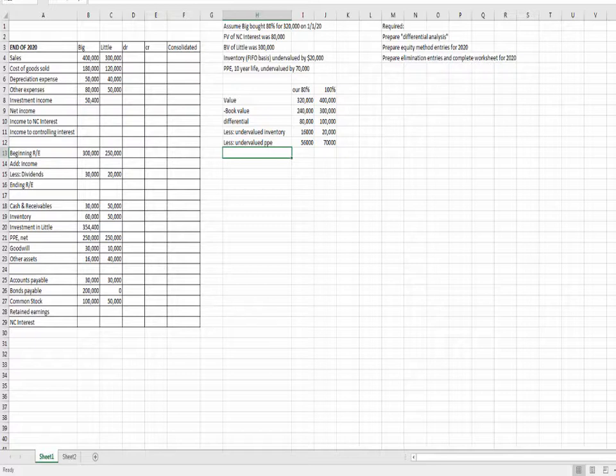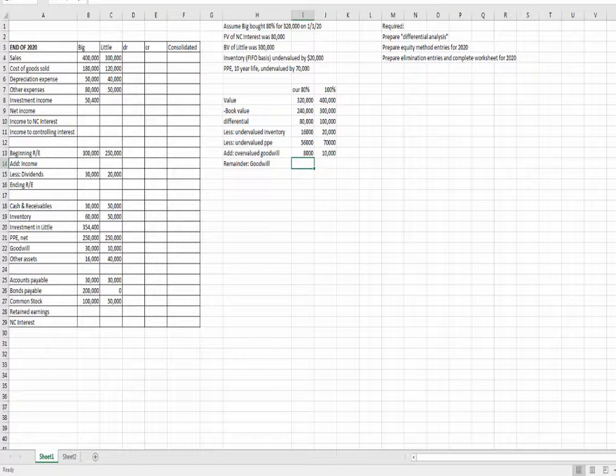In any event, we view that goodwill as being overvalued, so we're going to add the overvalued goodwill. Again, the total was $10,000. Our share, 80% of that. Okay, so the remainder is going to be goodwill.